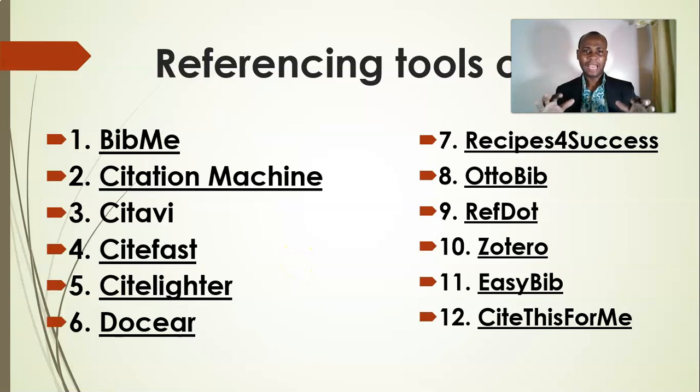For every source you use, you can automatically generate the reference type, whether APA, MLA, Harvard, Vancouver, and so on, using these web links I have provided here. So doing referencing should not be difficult because there are enough tools you can use to generate the reference you are looking for.